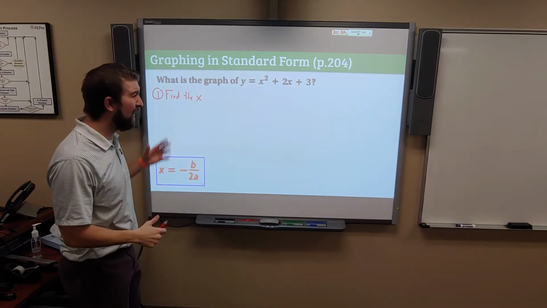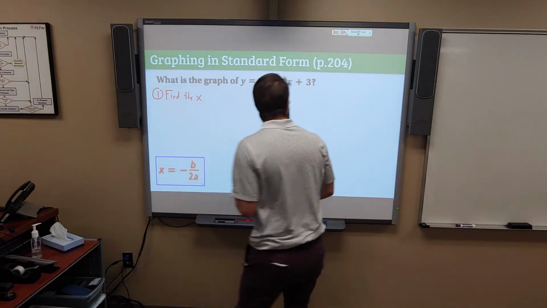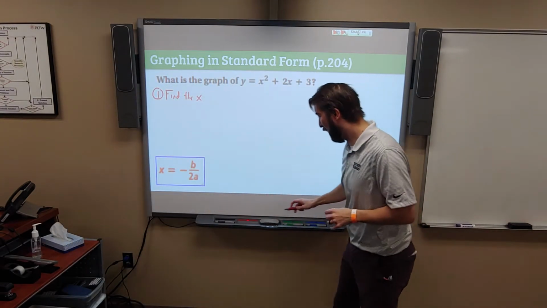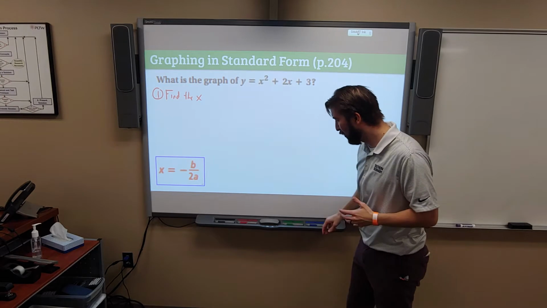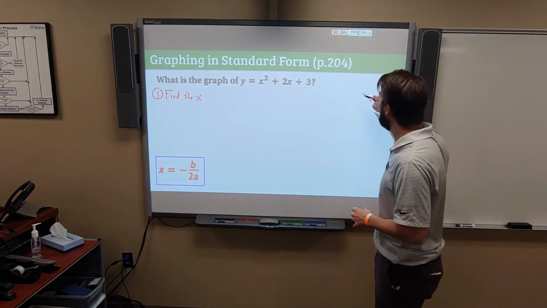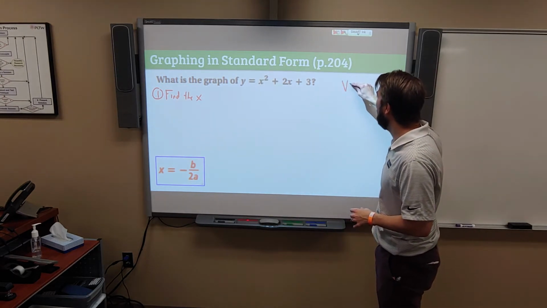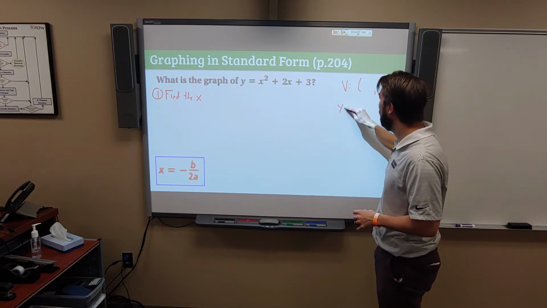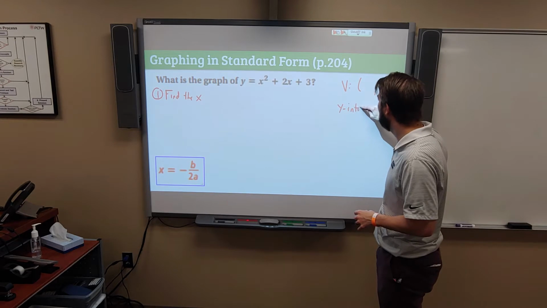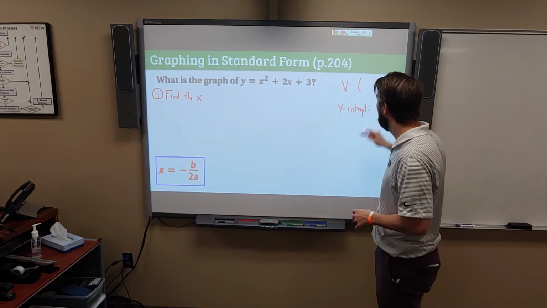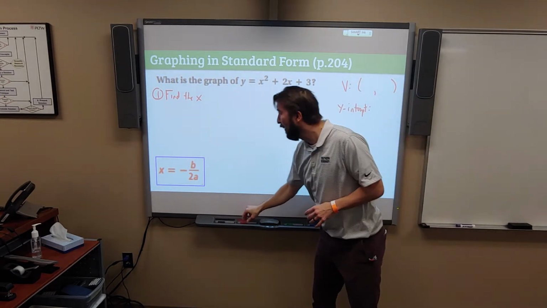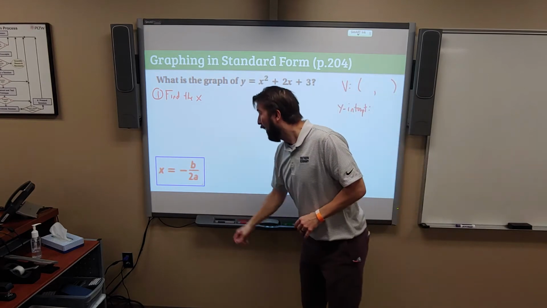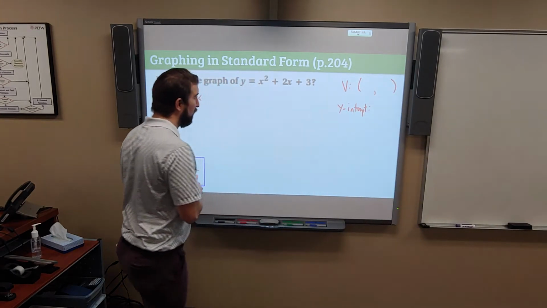If it helps, you can also say, I'm going to need to know my vertex, and then I'm going to need to know my y-intercept. That's what you're going to need to graph, and that's what we're looking for. Then we'll be able to graph it in a little bit.